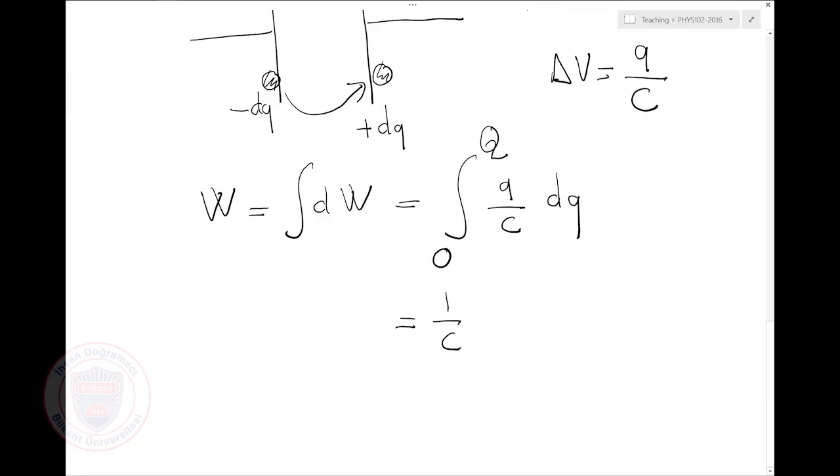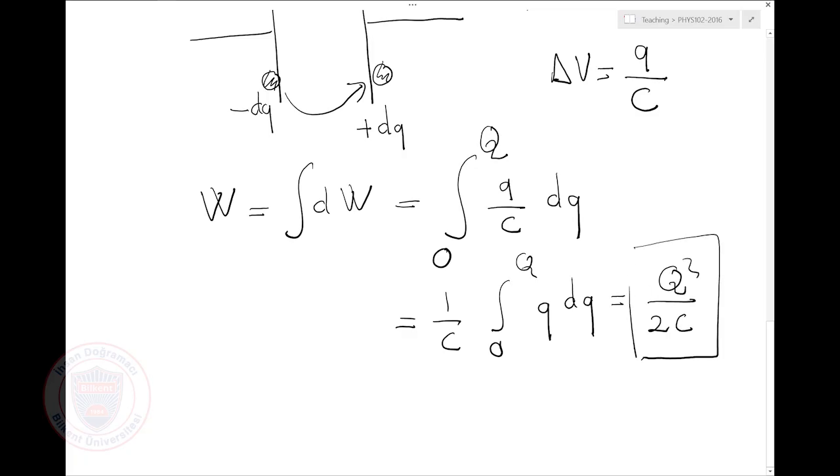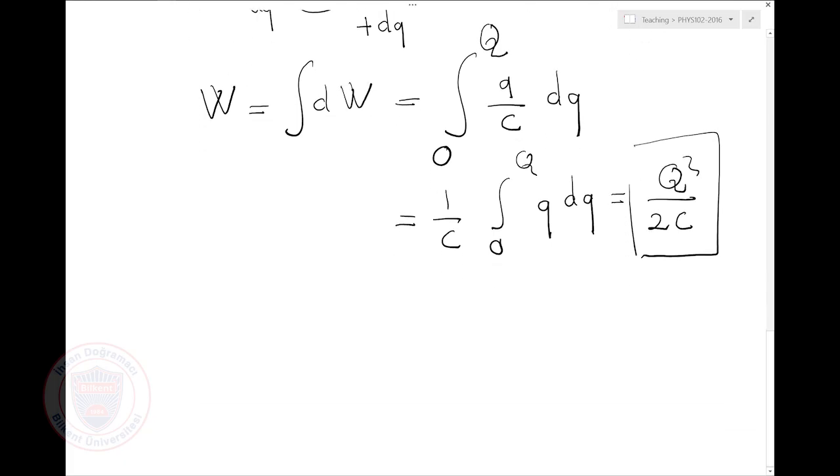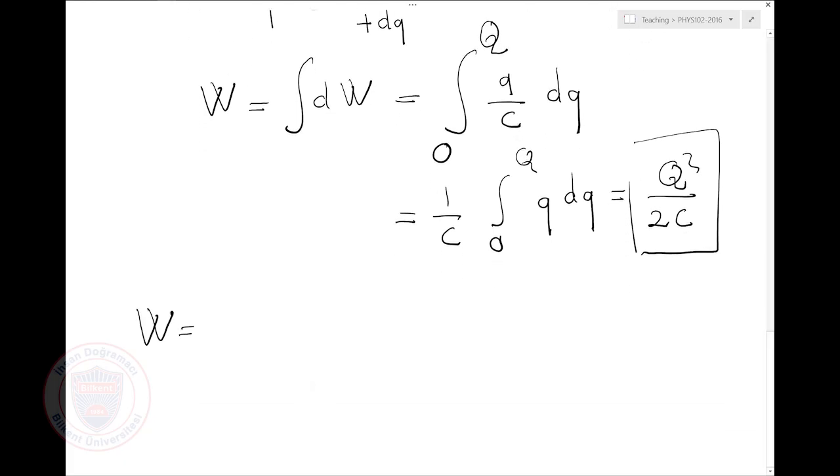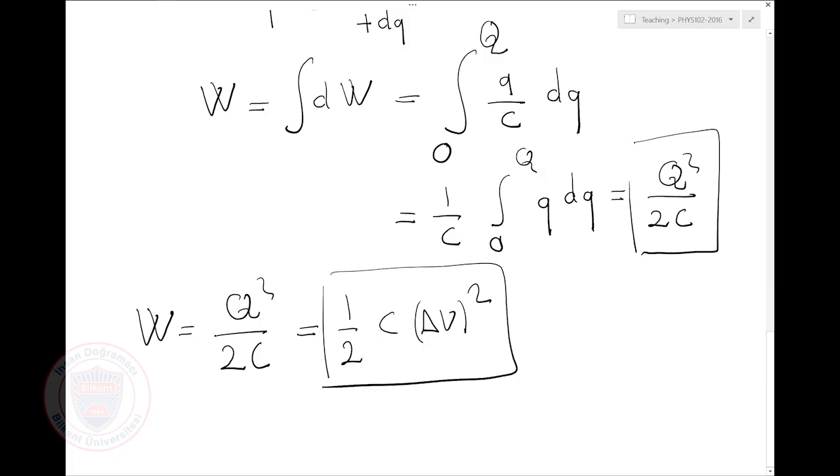C is a constant, so it's the integral from 0 to Q of q dq, which is Q squared over 2. So I have Q squared over 2C as the energy stored in a capacitor. Or, if I remember Q is C times delta V, this is 1/2 C delta V squared.